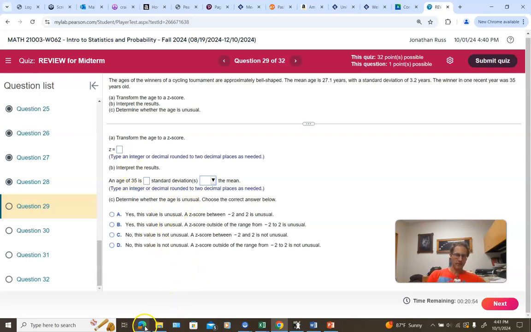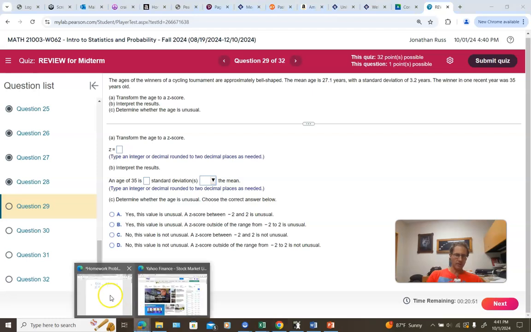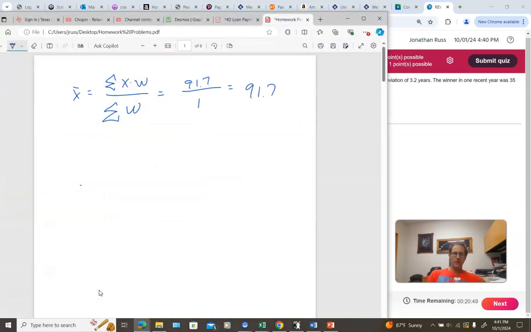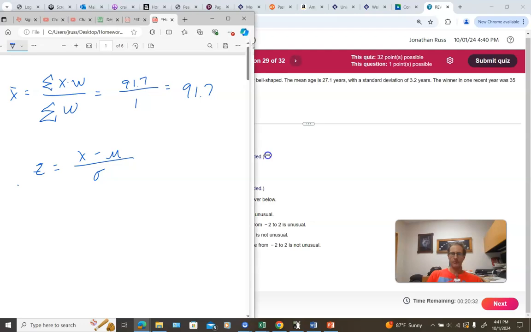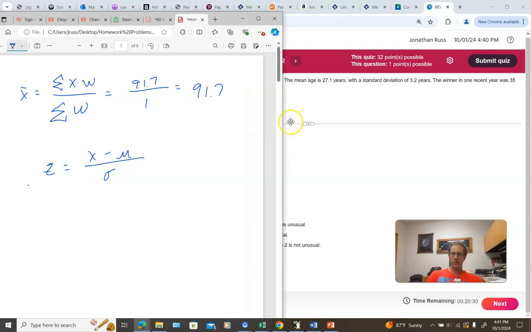So let me get some paper again. So to find the z-score, it's equal to the data value minus the mean divided by the standard deviation. Okay. Well, if we plug these in, first of all, the data value is 35.